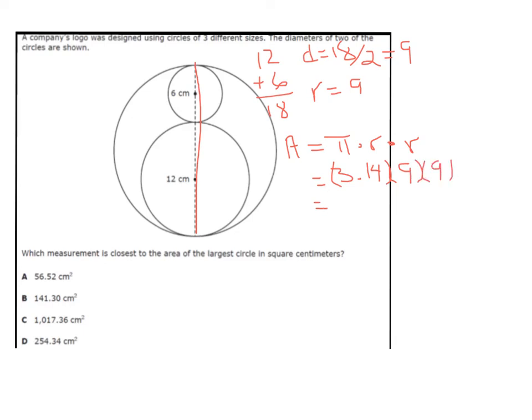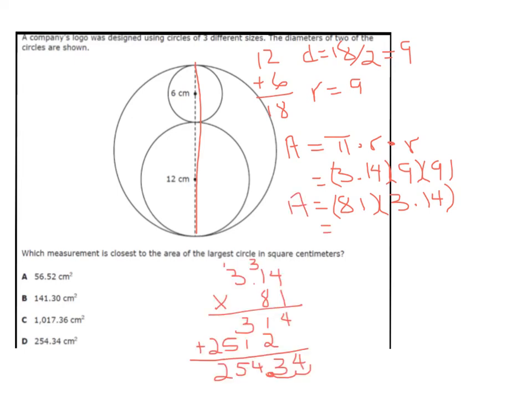I'm going to multiply my radius together. 9 times 9 I know is 81. So I'm going to multiply 81 now times 3.14 in order to determine the area of the larger circle. When I'm done with the calculations, I notice that the area is 254 and 34 hundredths.